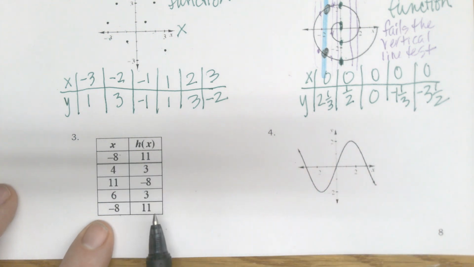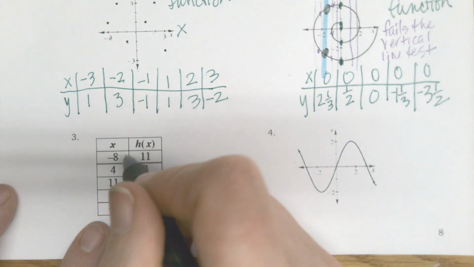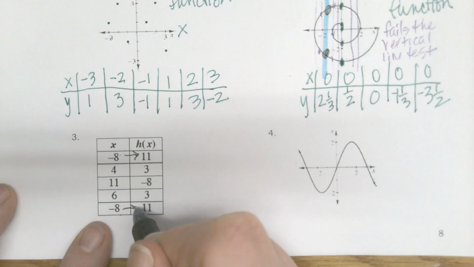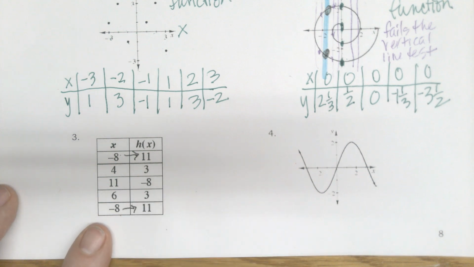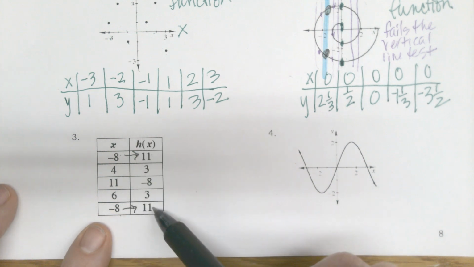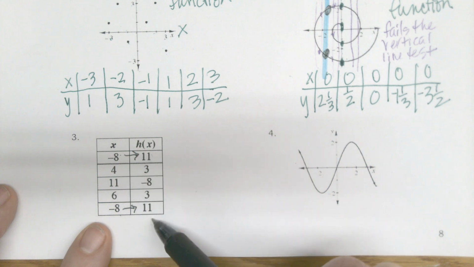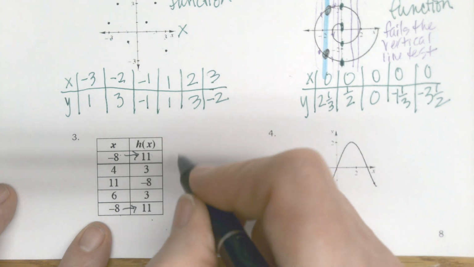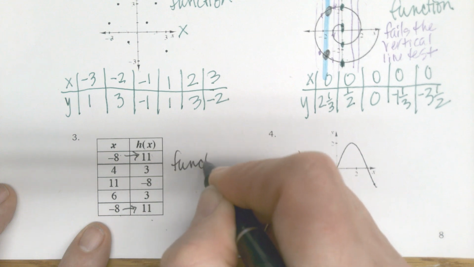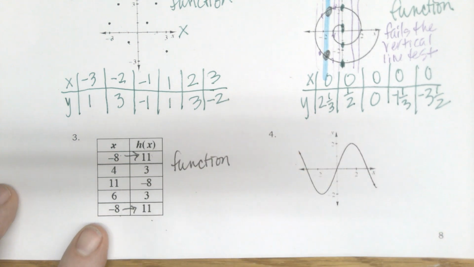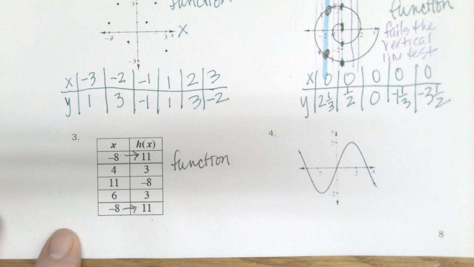Can somebody tell me why they say yes? Because it has the same output. Look at what -8 is going to. Does it have the same consistent output? Yes. So is this a function? Yes. I put that in there just to make sure you pay attention.